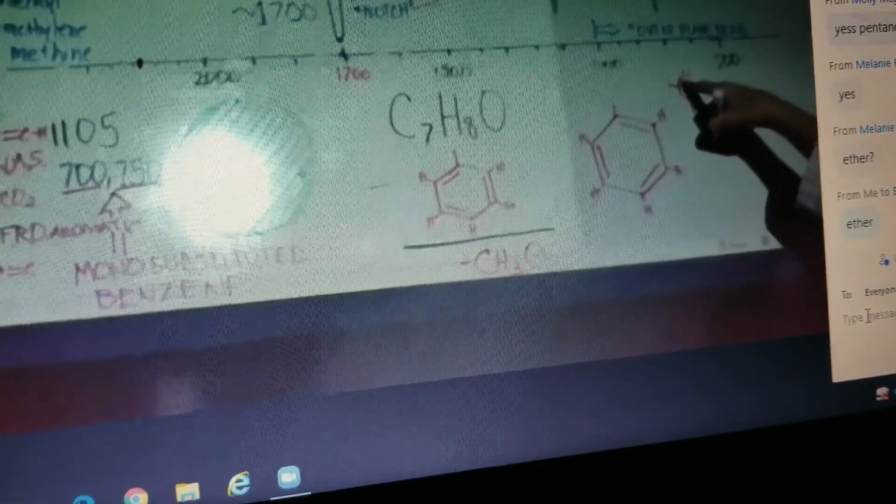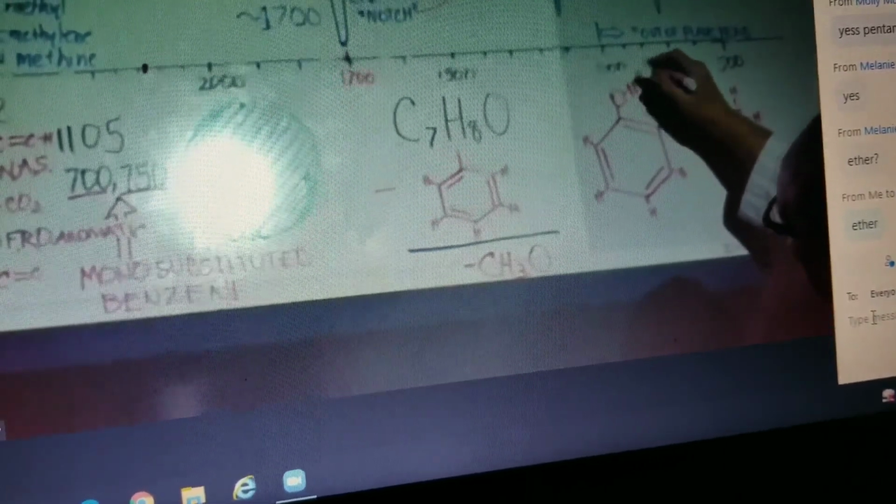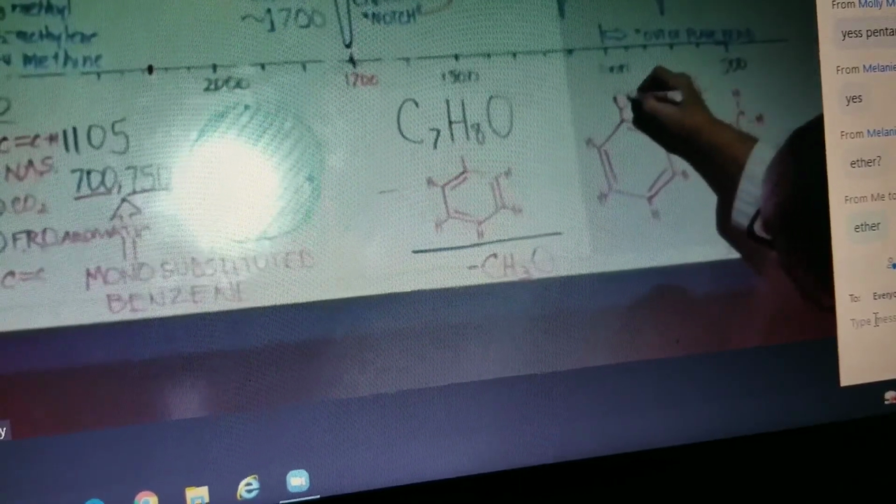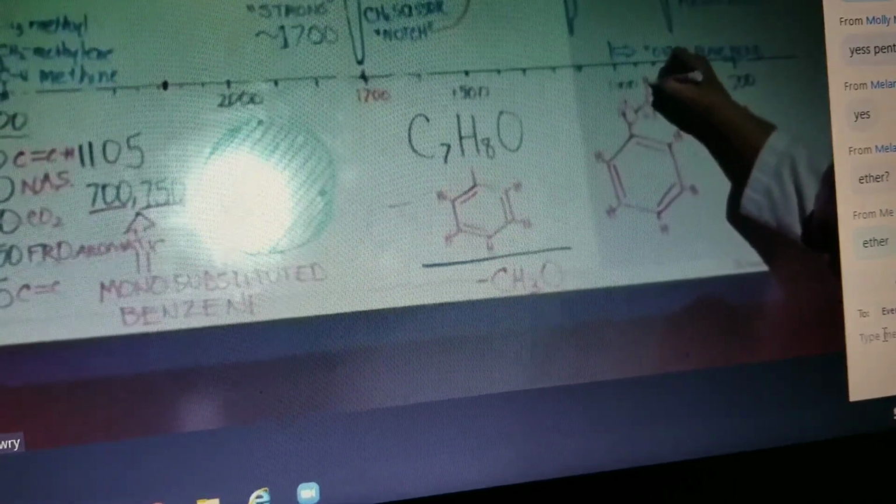CH3 group means you have a carbon, open bond, and then 3 H's. Put the oxygen here with one open bond, and then what's left is CH3. It has to be this. It's the only thing you can put together.